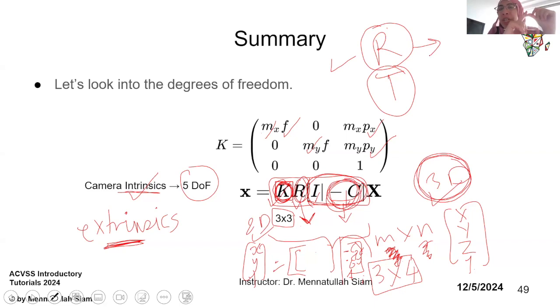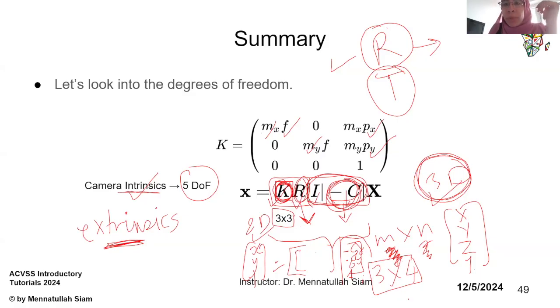The degrees of freedom are the number of parameters that are changing. So if we try to rotate, how many degrees of freedom do we need? Any suggestions?